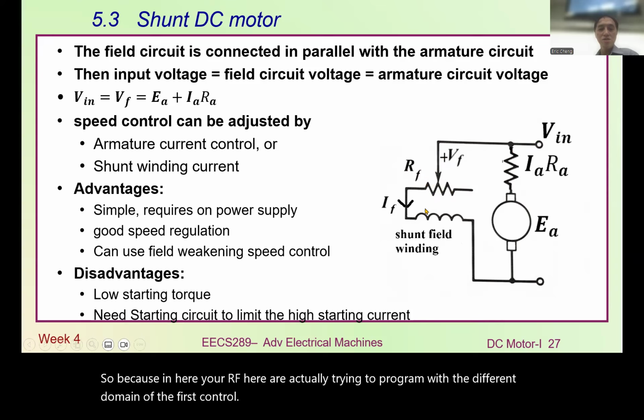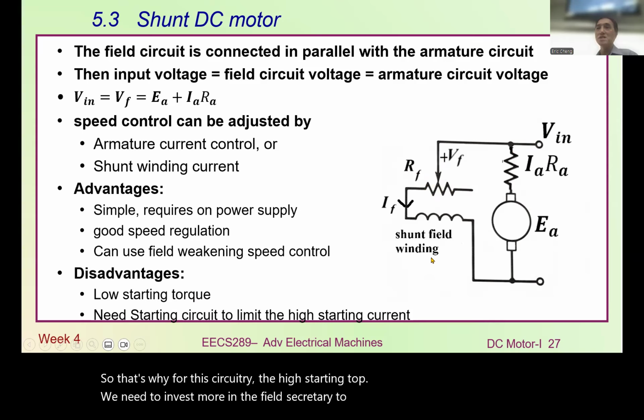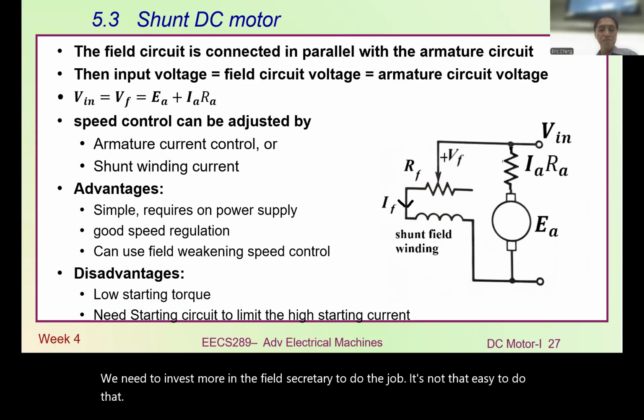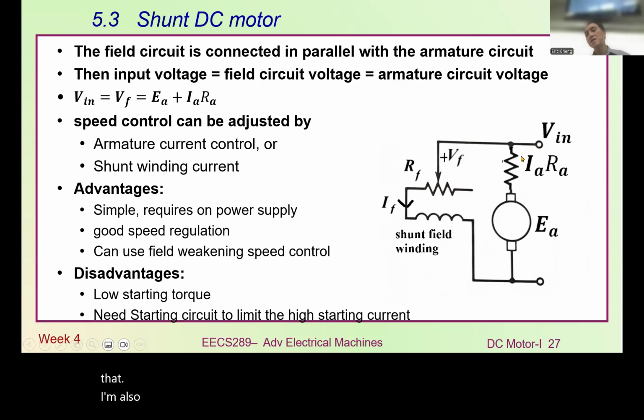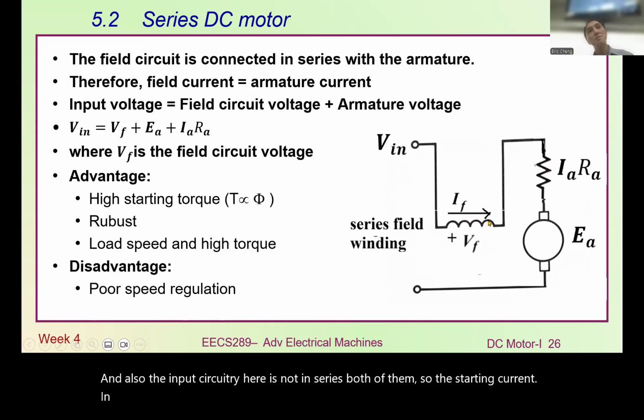So that's why for this circuitry, for high starting torque, we need to invest more in the field circuitry to do the job. It's not that easy to do. Also, the input circuitry here is not in series, both of them, so the starting current in here will be limited by these two components.